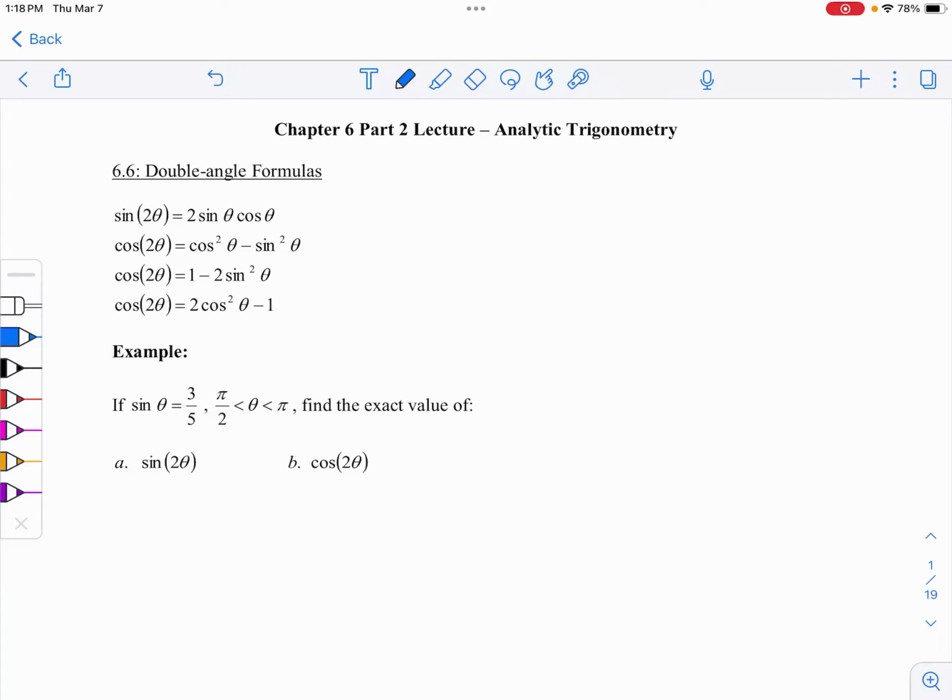They're on the cheat sheet, written as one big long string of equivalencies, equals, equals, equals. But this first one is all you need, and then you can just alter it to make the other ones.